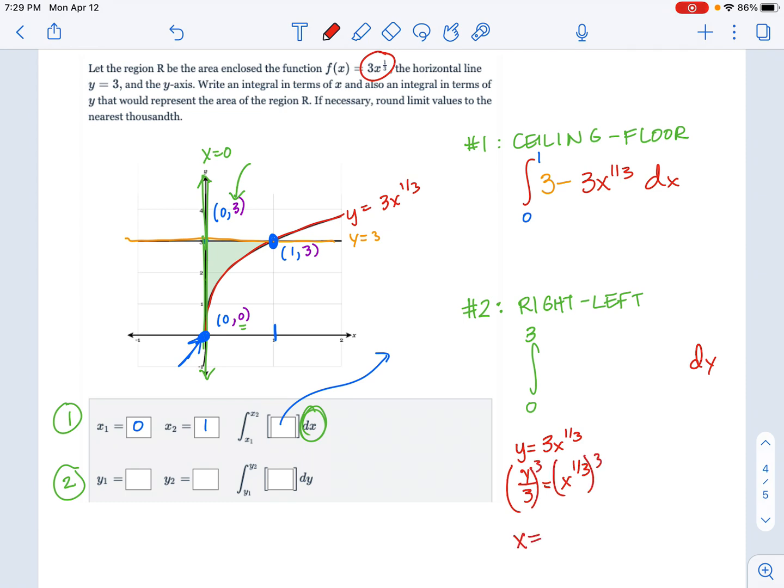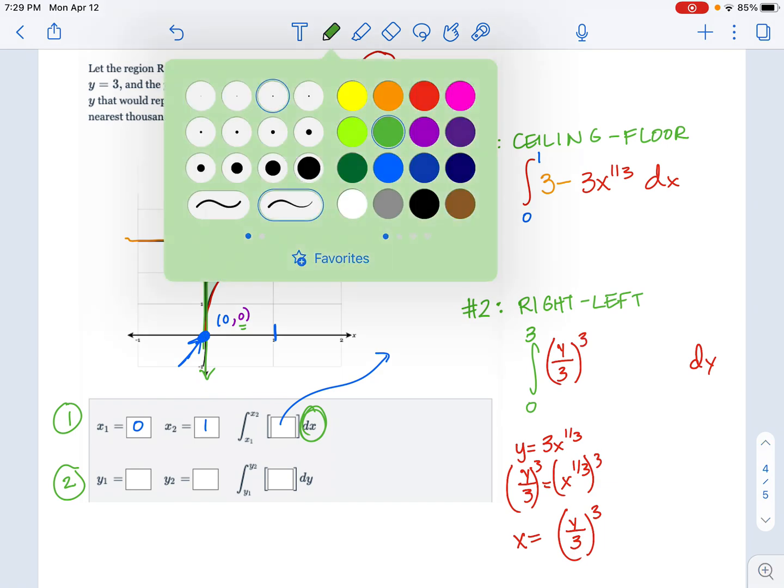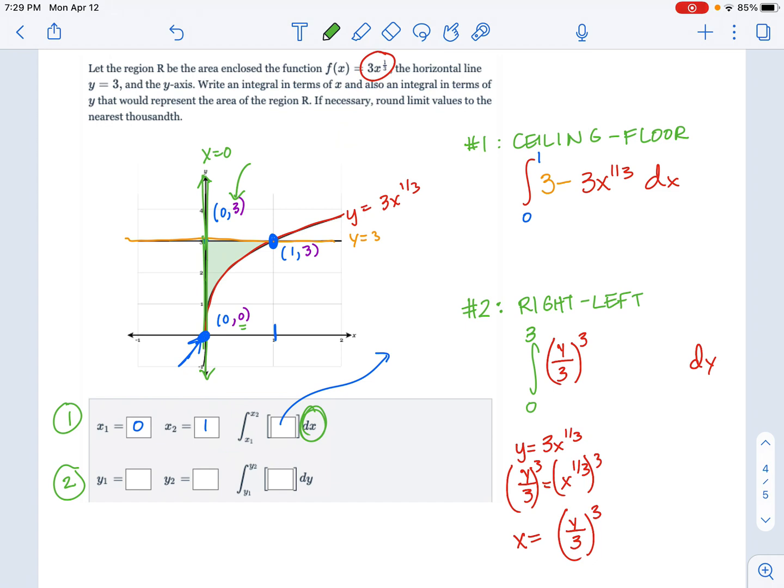And then that'll give me x equals y over 3 cubed, and that is the function that I can input as my right function, the red one, and then minus my left function, which is just 0, kind of anticlimactic there. That's the green one, and then that's my setup for number 2. So 0, 3, and then the hardest part is kind of getting used to only putting y in your integrand for right minus left scenarios.